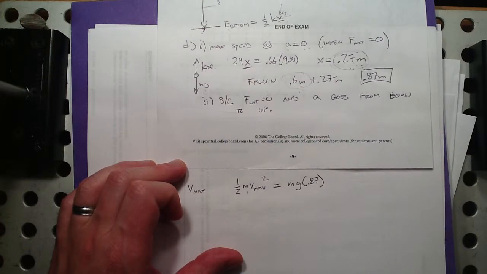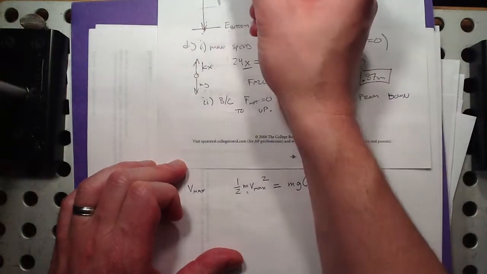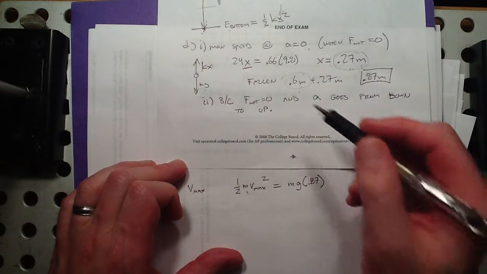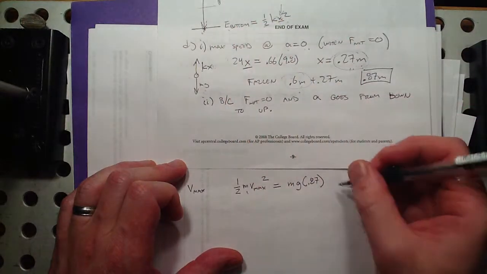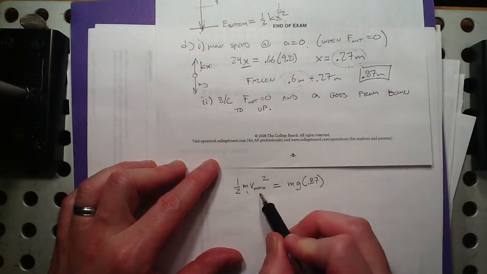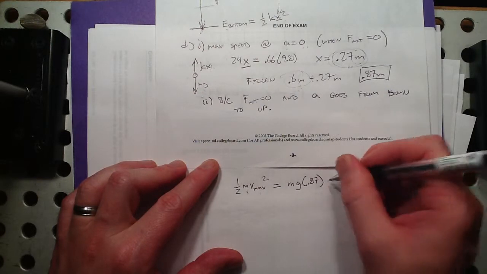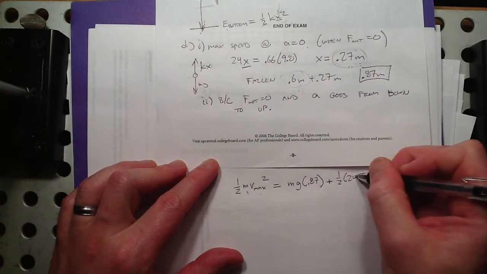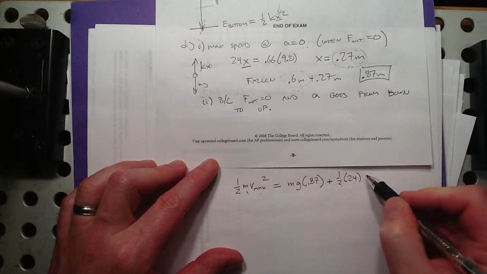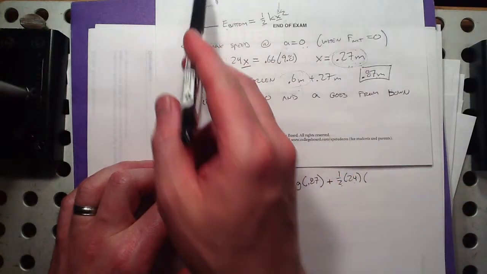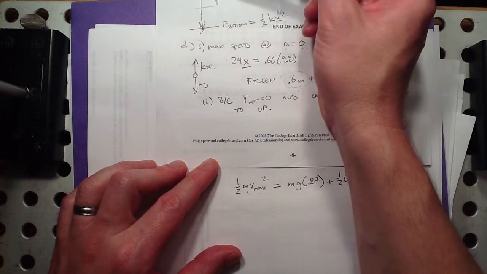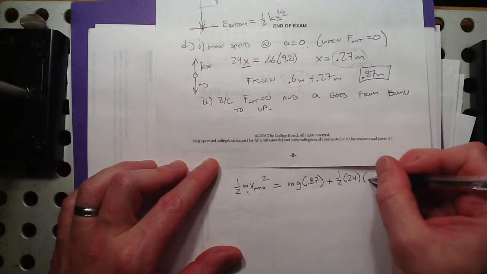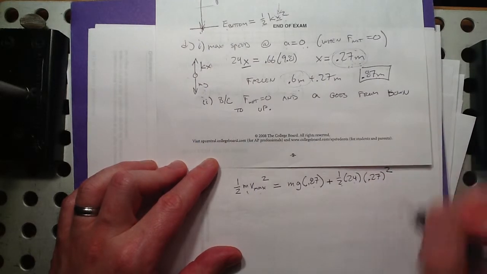But as we fall down this way, there's also some energy from the spring that is being converted into kinetic energy, and that is 1/2 kx squared. And how much of x do we have? That's the same x that we had here, right? That's the amount that we stretched, not the 0.87, but the 0.27 that we stretched there.